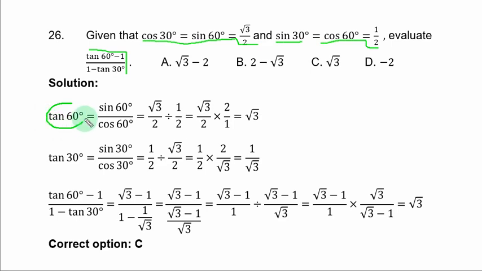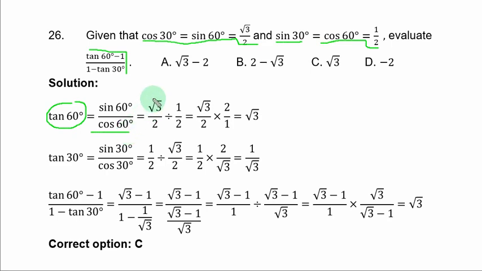Tan can be expressed as the ratio of sine to cosine. So tan 60 degrees is equal to sine 60 degrees over cos 60 degrees.